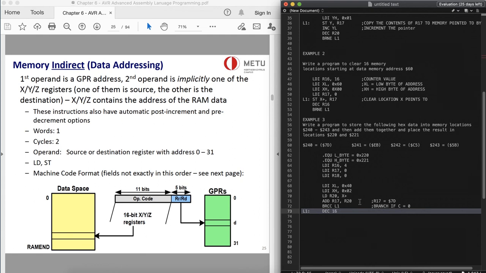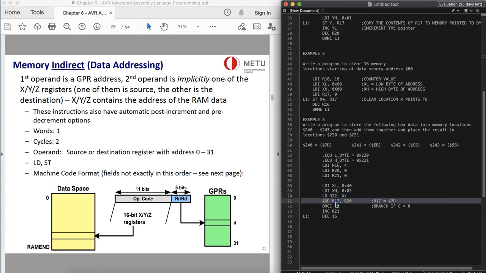Okay, now if it is not branching, we have to increment R21. That means the carry is 1. Okay, so that has to be the high byte of it. Or maybe just to make sure that we have got the right thing, let's do that R20 and let's do that R21. So it's easy to manage with these 20, 21 as well. So let's change that to 22.